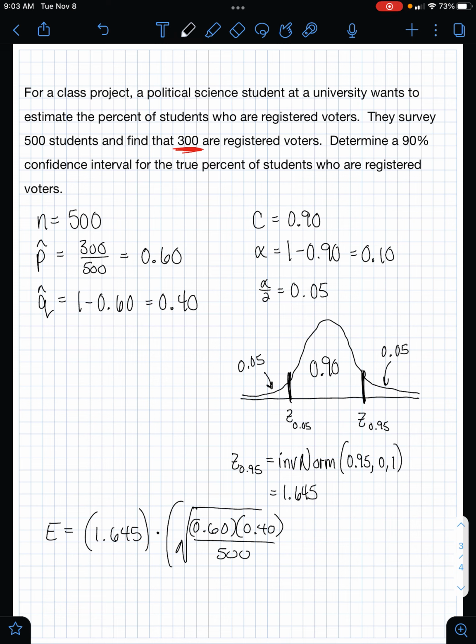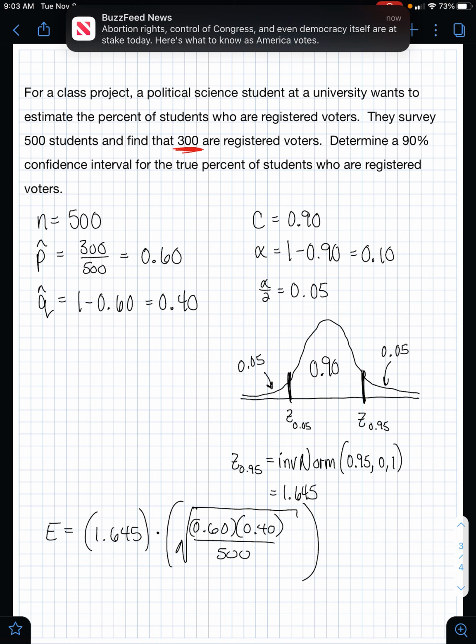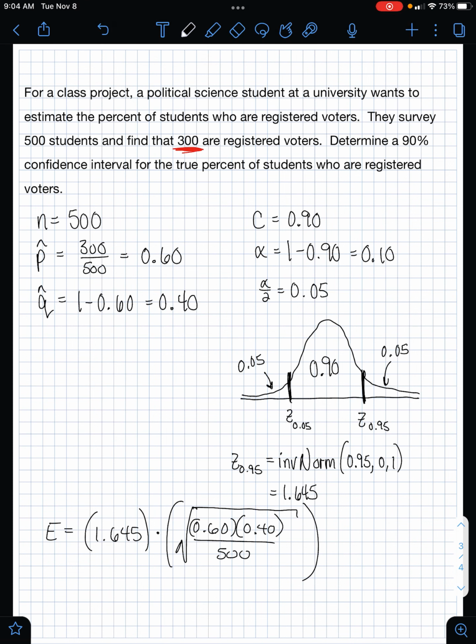Now remember, the denominator of 500 is underneath the radical, so be careful when you're typing that in. But again, we can put this all into our calculator at once if we put it in carefully enough. And what we get out of it is 0.036.